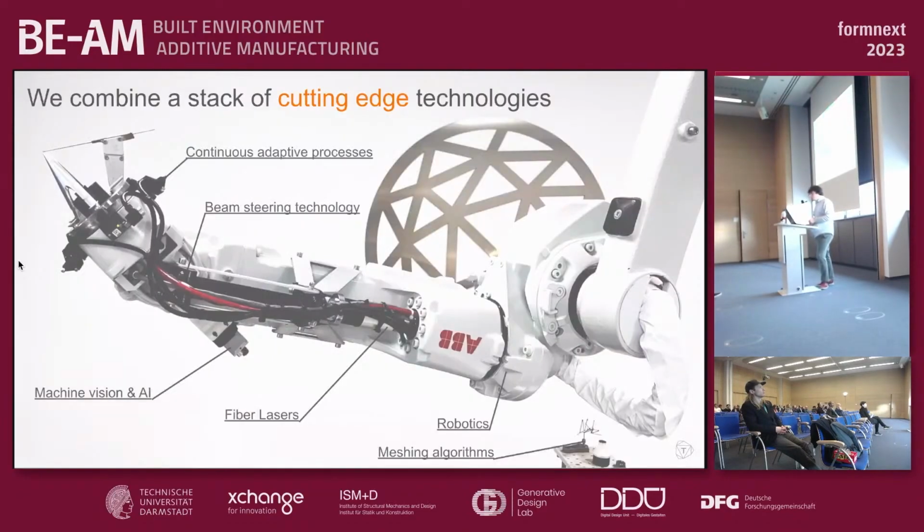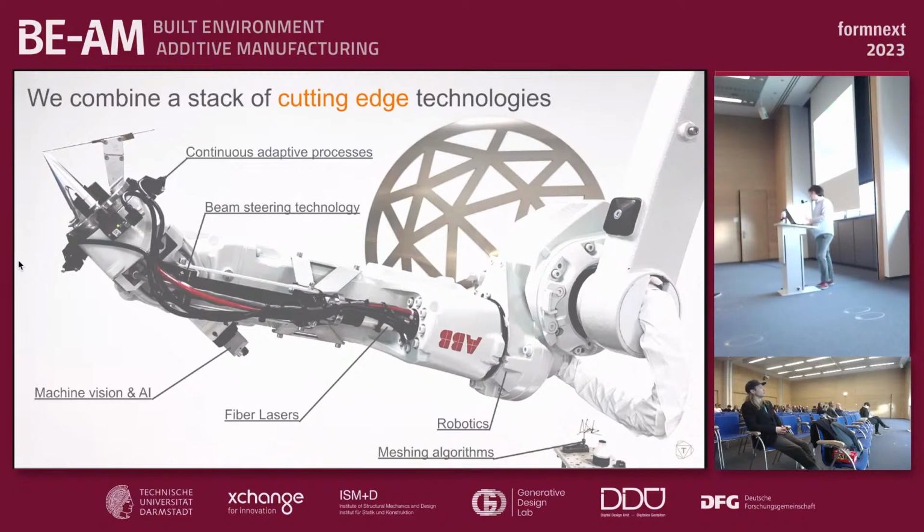Basically, our technology is based on the integration of very simple technologies by themselves, but put together. That's where the difficulty is. So basically, we use fiber lasers, common industrial robotics, machine vision, beam steering technology, and wire feeding and things like that.